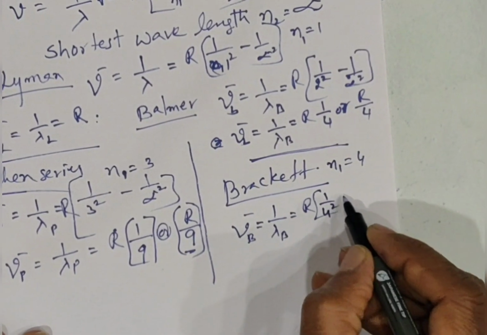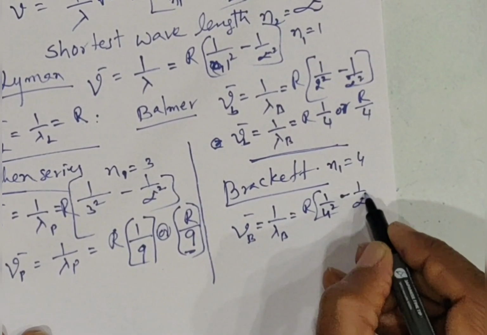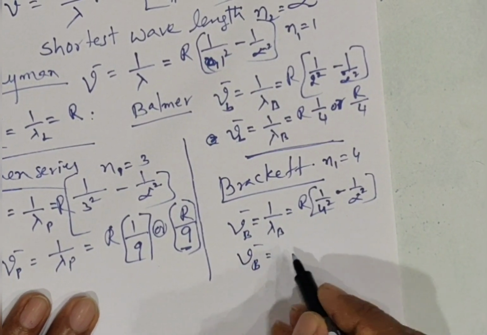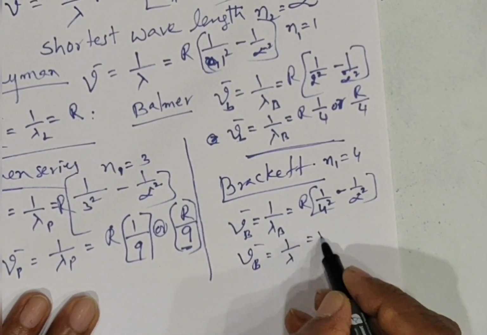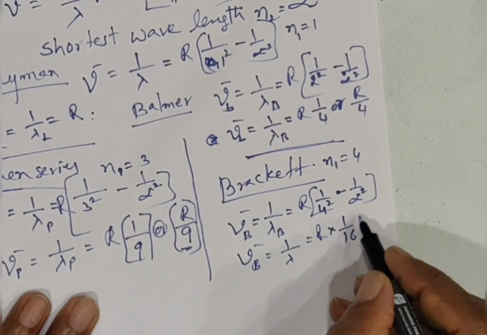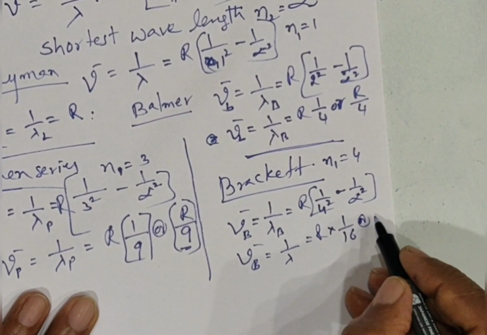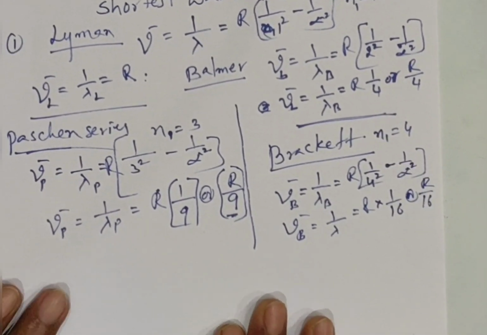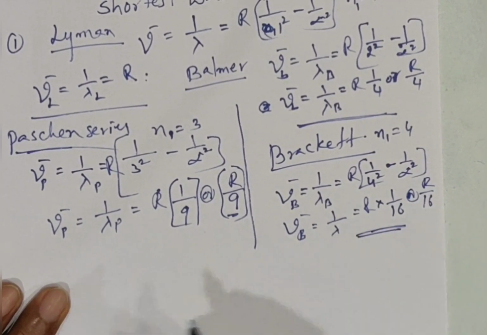Right? Then we will get nu bar is equal to 1 by lambda is equal to R into 1 by 16, R by 16. This is the value for Brackett series.